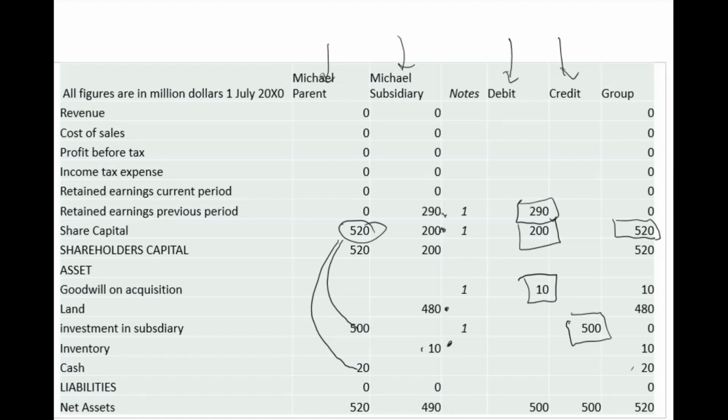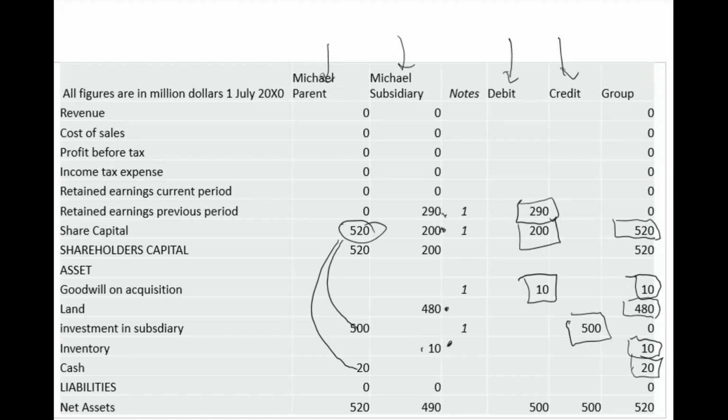It is represented by land which was in the subsidiary, 480 million, and inventory 10 million, and the goodwill now being made transparent of 10 million, and then the cash of 10 million.